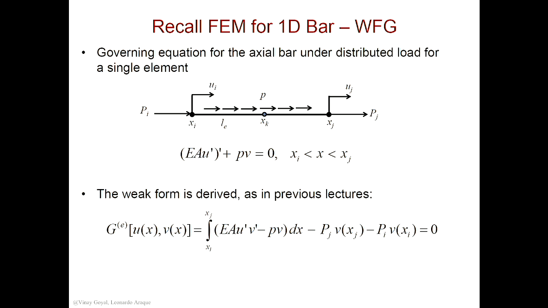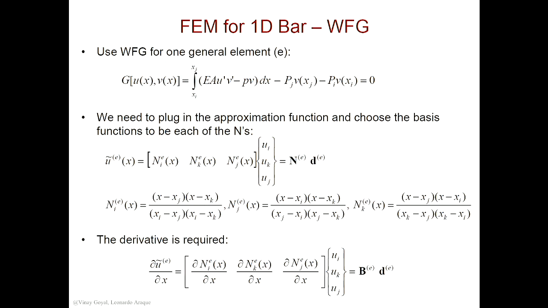And then we weaken the continuity requirements, and we arrive at the weak form Galerkin. So this is your weak form, and from here, what we did is we plugged in the approximation to the solution, which is basically basis functions times the nodal quantities. This is your approximate solution.